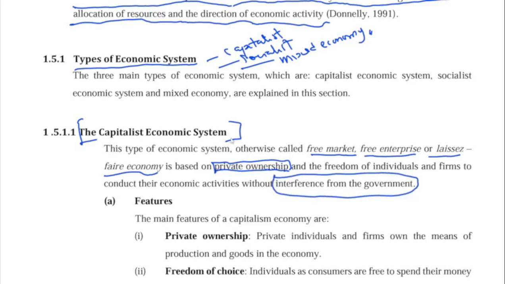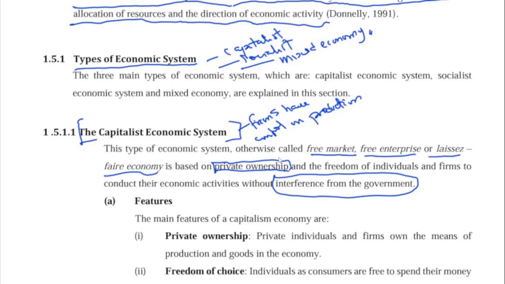In other words, the capitalist system is telling you that companies, organizations, and firms have control over production, because government is not interfering in the production.